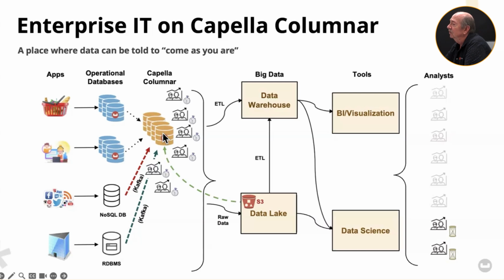And that data can be, as we'll see, continuously fed from these sources into Capella Columnar, including relational sources. And a lot of the insights which need access to this data can be obtained without waiting for the whole warehouse process and sitting on the far side of the warehouse and the far side of the lake waiting for data to come.